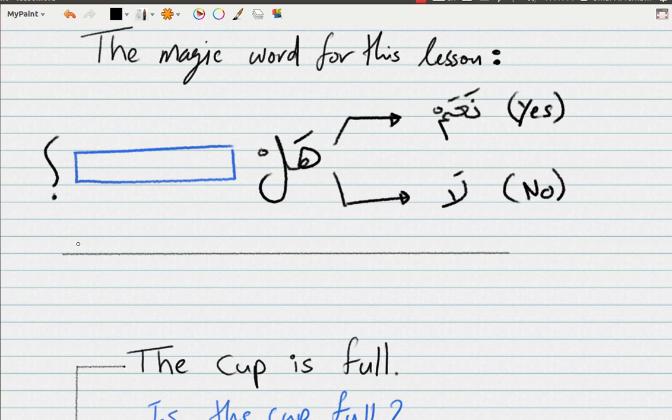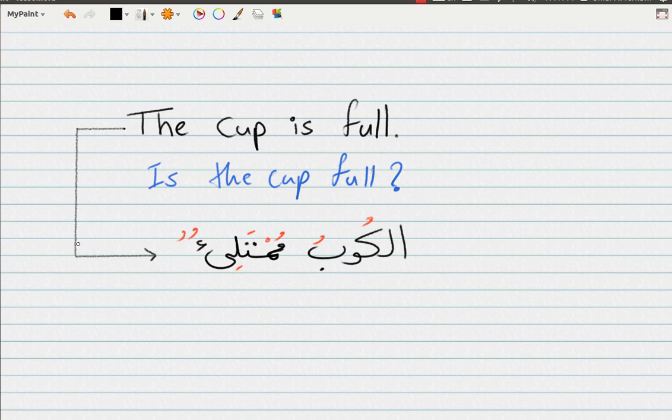So let's take some examples. First example, a similar sentence to what we have already used. In this sentence, we say the cup is full, and we've learned how to translate that. To make the question "is the cup full?", first we take the normal sentence, which is the cup is full.